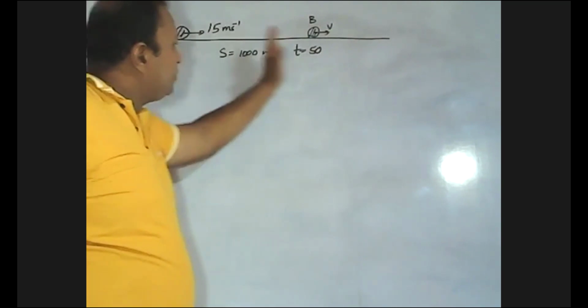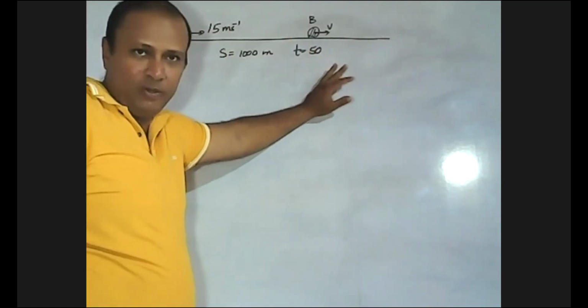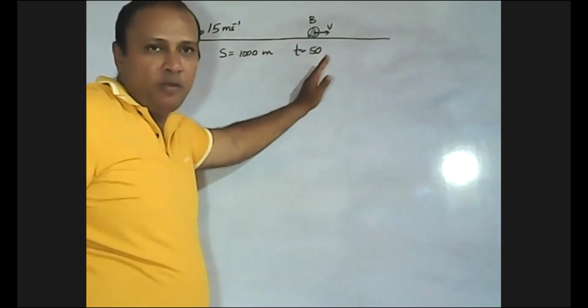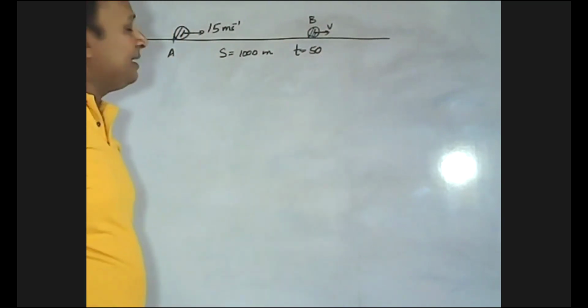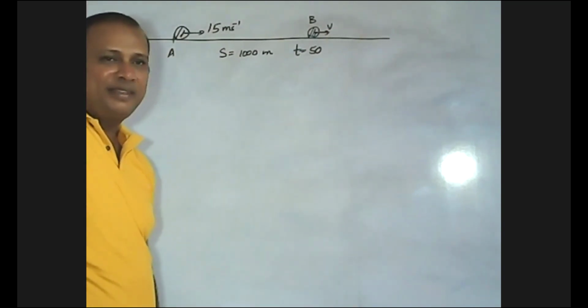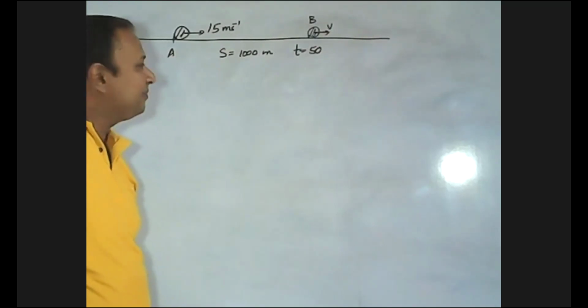That means in between these two posts, the distance is 1 kilometer, no? Therefore, the distance is not given, but it is hidden data. So S is 1000 meter or 1 kilometer.